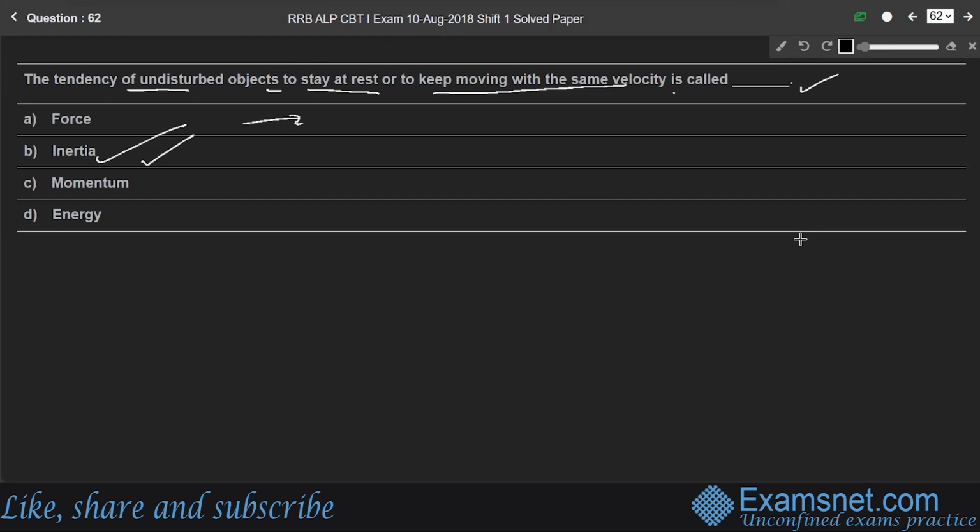So what do you mean by force? It is an external push or pull, right? So external push or pull, resulting from the object's interaction with another object, right? So there should be two bodies to experience the force, right?